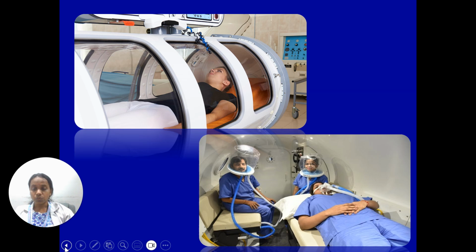One dive is equal to exposing the patient to 90 minutes of hyperbaric oxygen therapy. So in patients who have chronic osteomyelitis or osteoradionecrosis, we have to give it at least 5 days a week. HBO therapy has to be given one dive at a time.